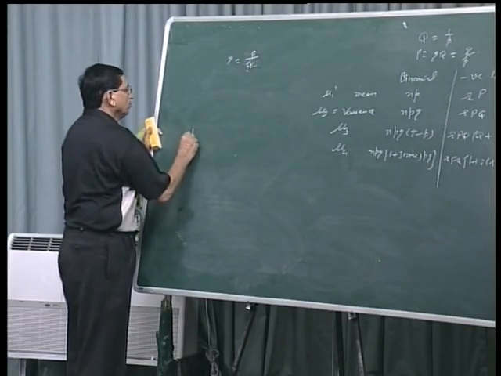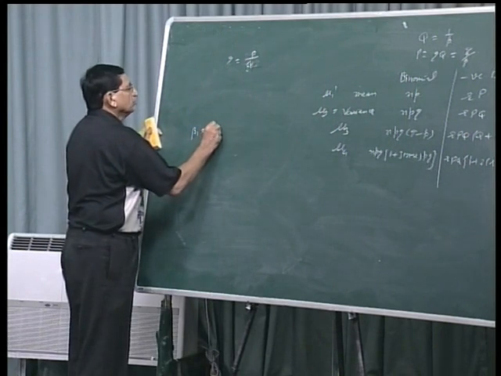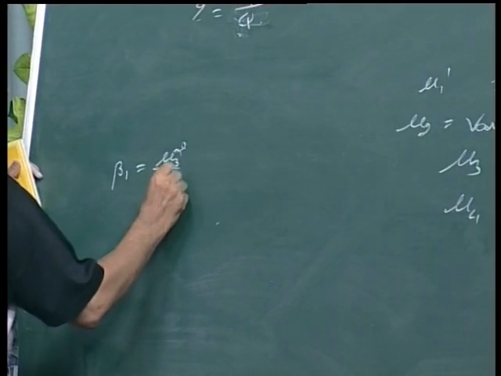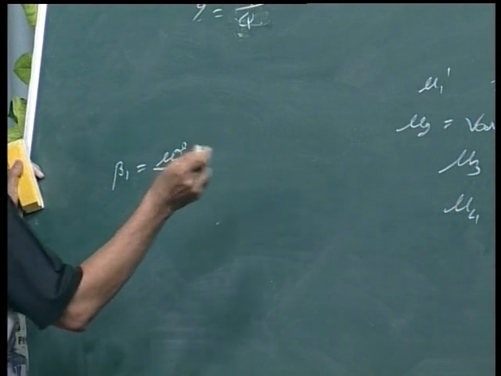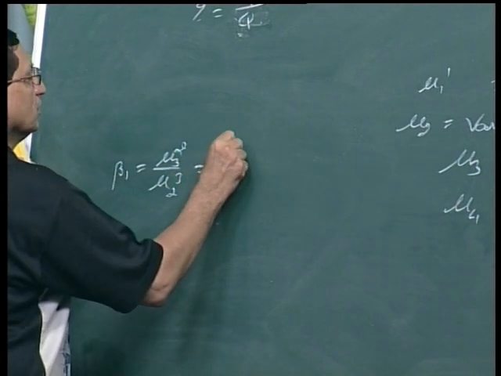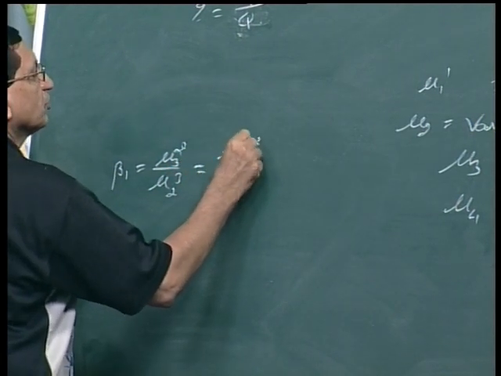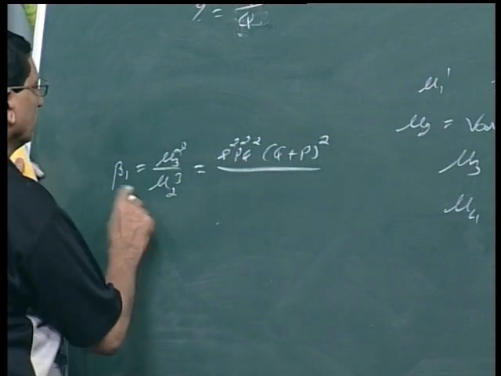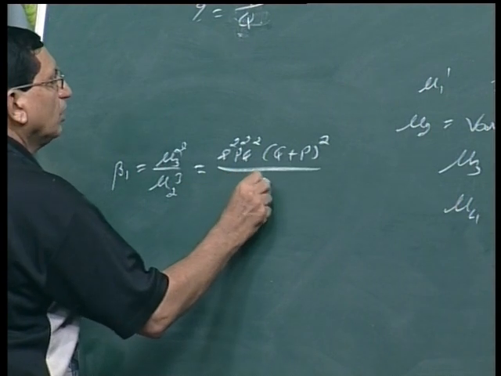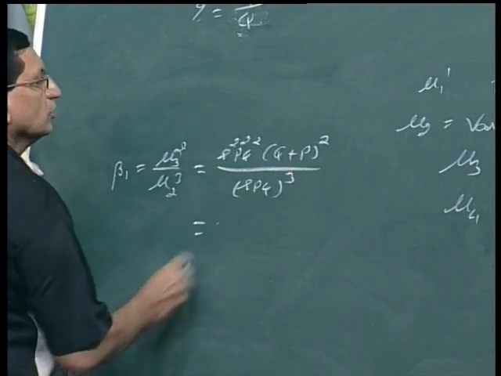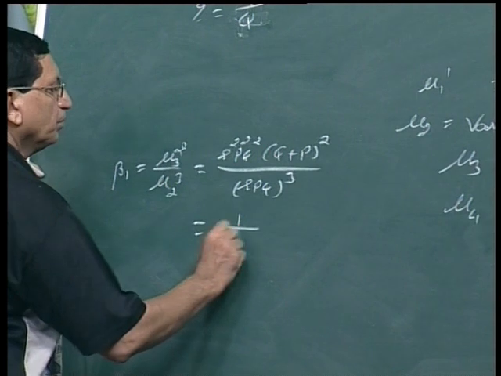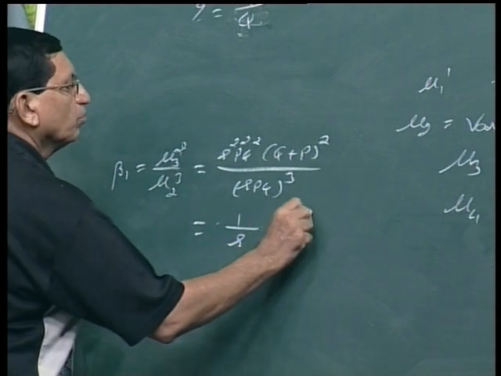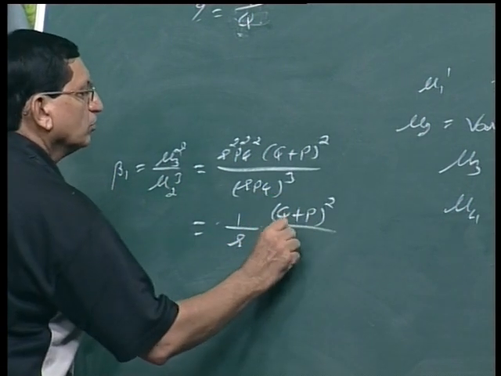Here, beta 1 means mu 3 square upon mu 2 cube. So mu 3 square means r square p square q square into (q+p) square divided by mu 2 cube, (rpq) cube. So it is 1 upon r into (q+p) square upon pq.